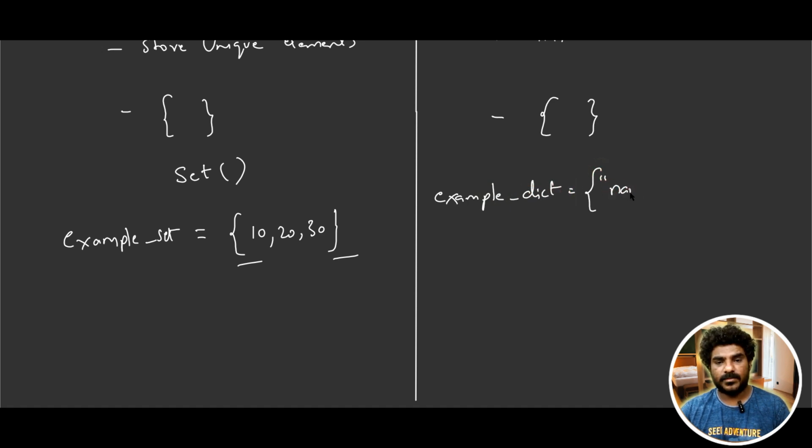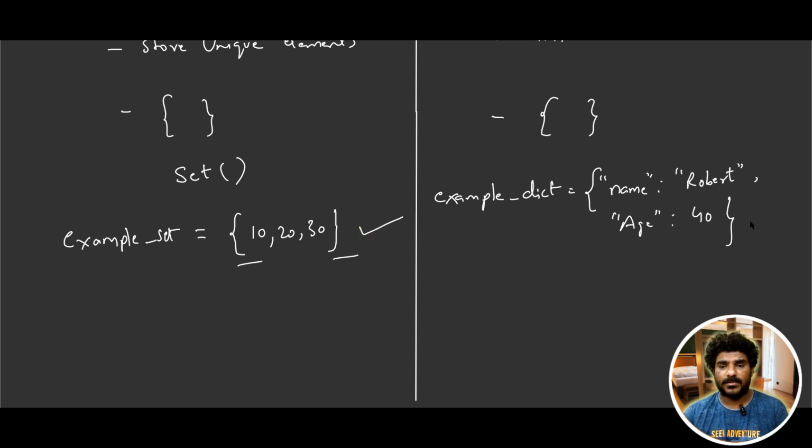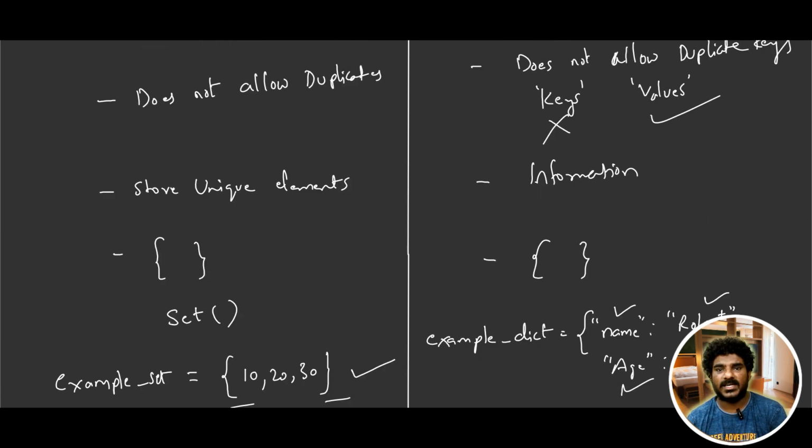You say name is Robert, comma, age is 40. So this is the example of creating a set, and this is the example for creating a dictionary, where in dictionary you typically have the key and the value. So now you know the difference between set and dictionary.